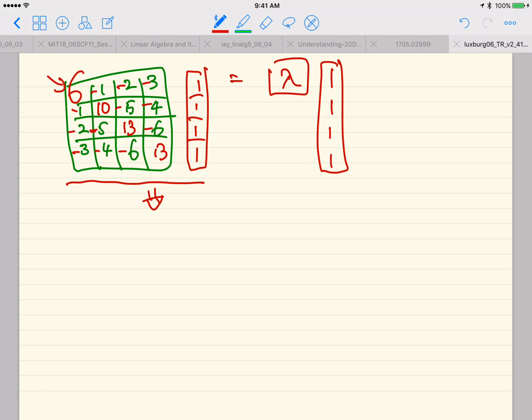So what is the first entry? 0. So it's like we are summing up the first row, right? And the summation of the first row should be 0, and the second and the third and so on, right?